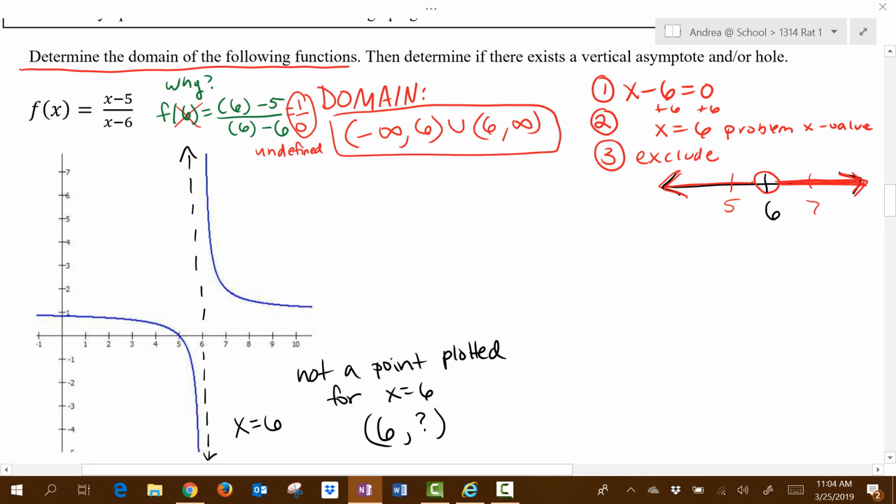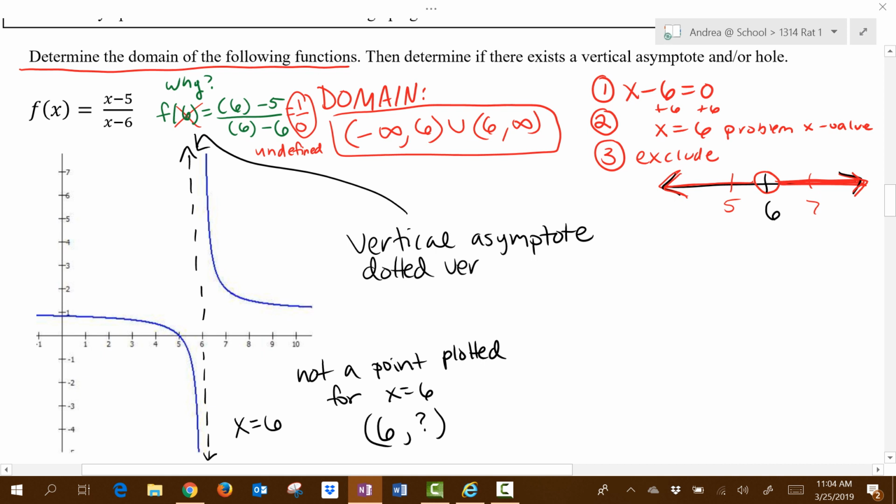What we have at x equals 6 is what we call a vertical asymptote. So it is a dotted vertical line that separates the graph into two separate parts.